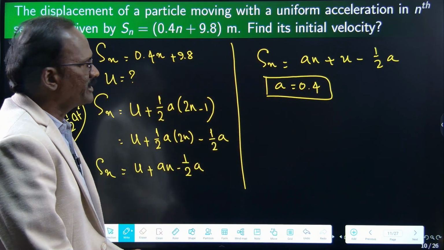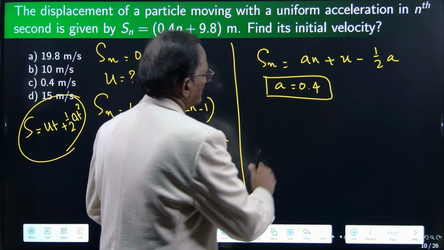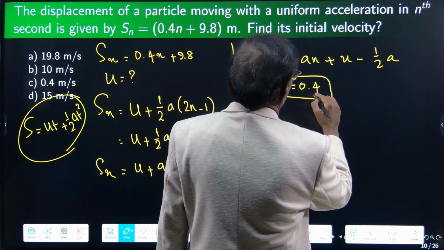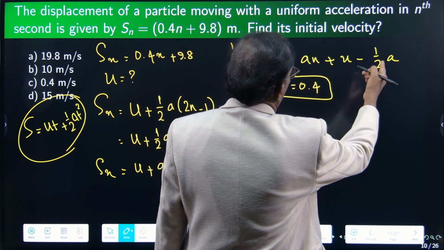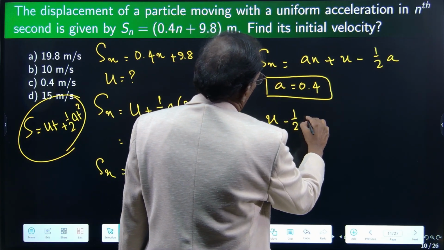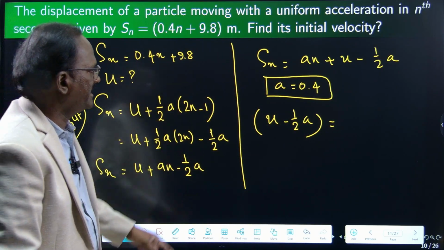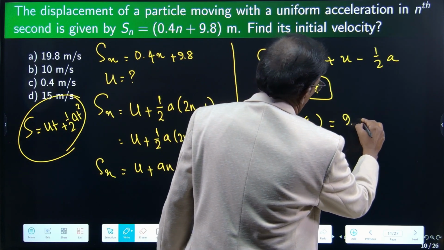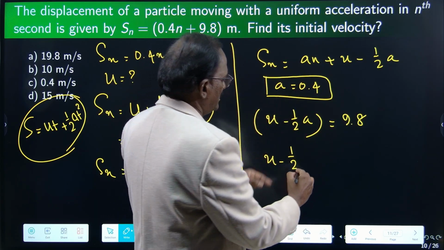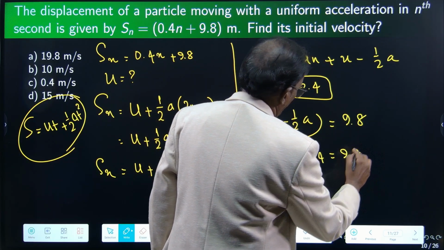But the question is not about a. It is about u only. So u - a/2 is in the place of 9.8. U minus half of a, the value just found, 0.4, is equal to 9.8.